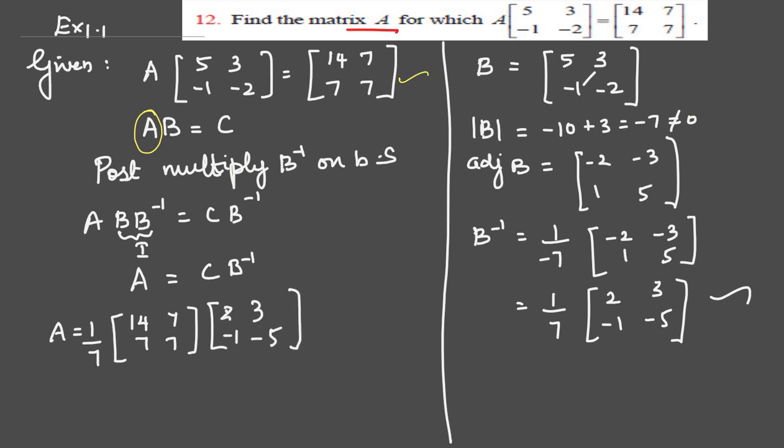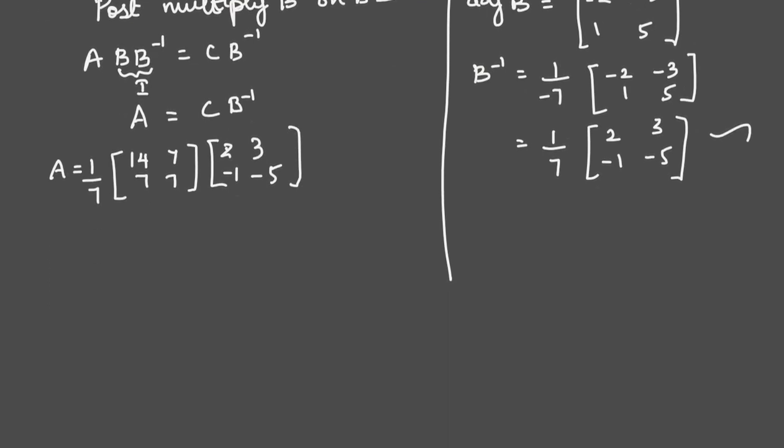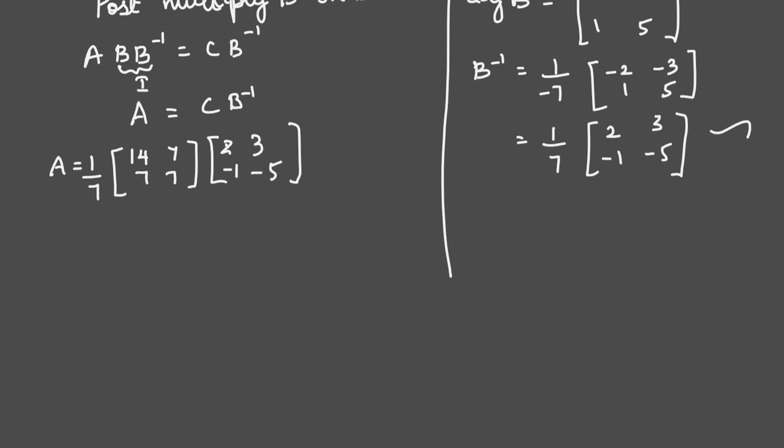We know matrix multiplication, and therefore we multiply both the matrices. In the first matrix, all the elements are multiples of 7, and therefore we multiply 1 by 7 inside the matrix, and we get 2, 1, 1, 1 into the matrix 2, 3, minus 1, minus 5.